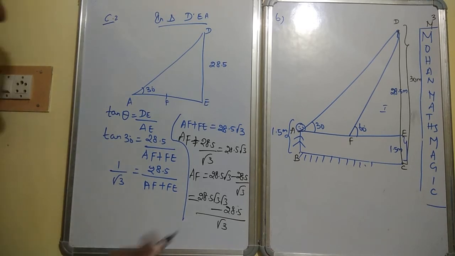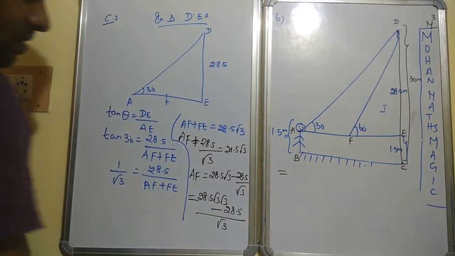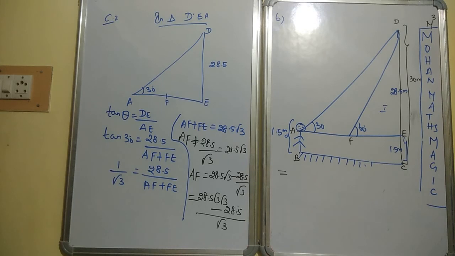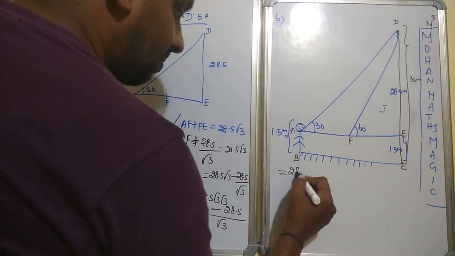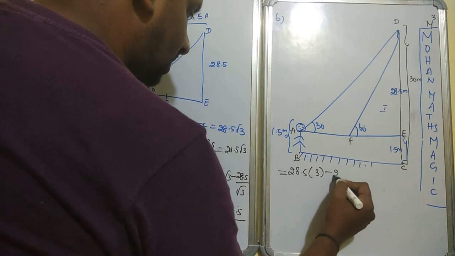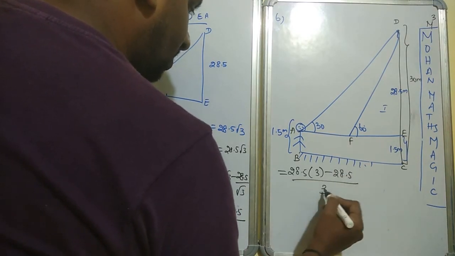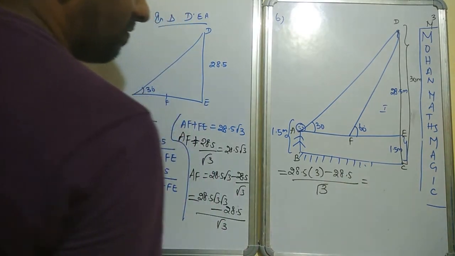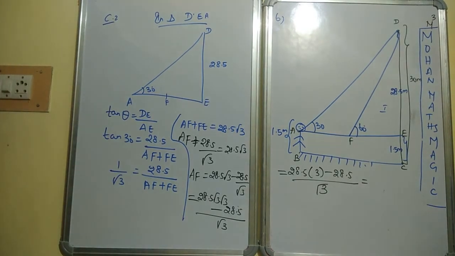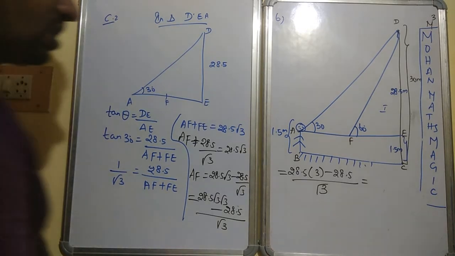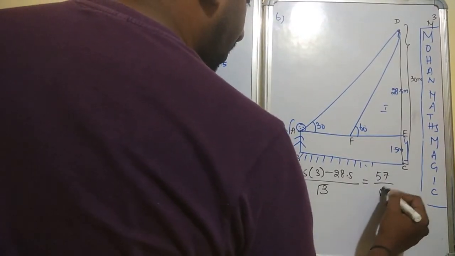Finally I will write here (28.5 into 3 minus 28.5) upon root 3. So I get 28.5 into 3 minus 28.5, and the final answer is 57 upon root 3 meters. You can cross check your answer.